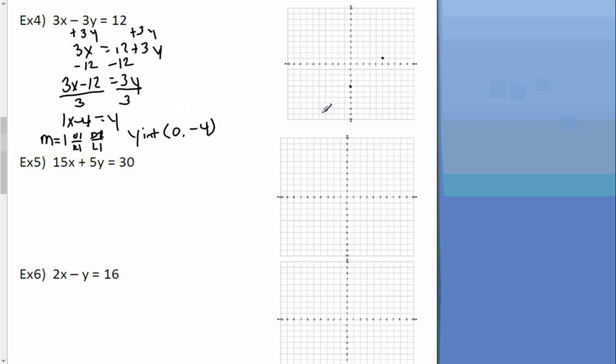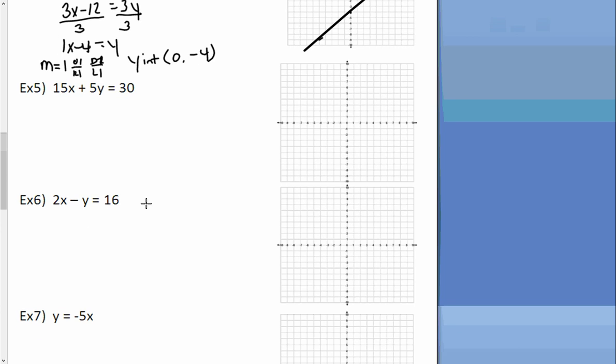Really hard to see in a video monitor, but there's that other point. Graph it. And it looks something like that. Pretty simple, right? All right, next problem.